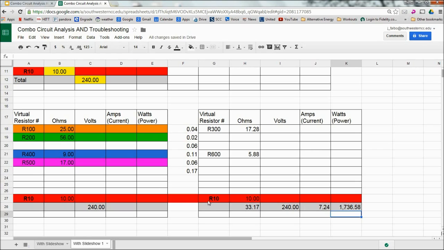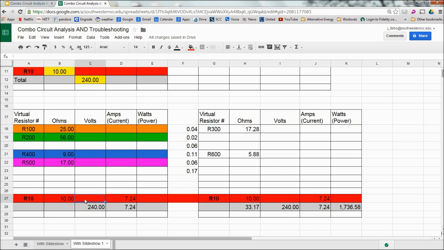So what I can tell this sheet, now that I know my total current, and I know the total current is the same for this load, R10, I can say, okay, spreadsheet, I want you to equal whatever's calculated in there. I'm going to go over to this amperage. I want you to equal whatever this total is. And I want you to equal whatever the total is, because it's all the same.